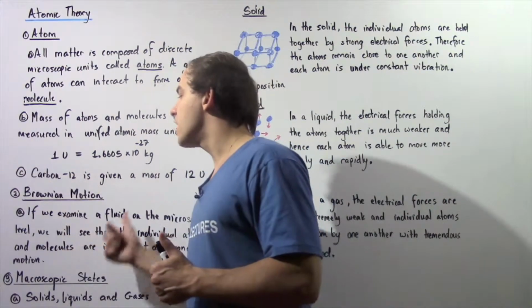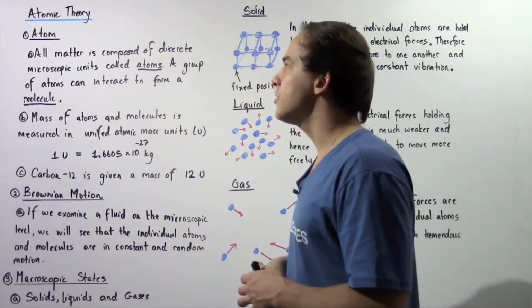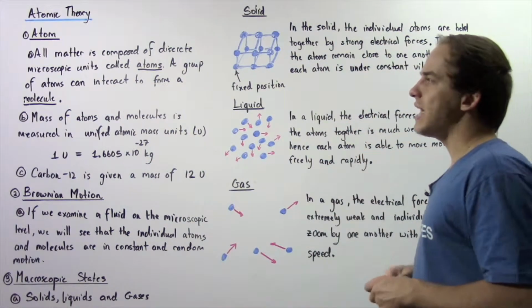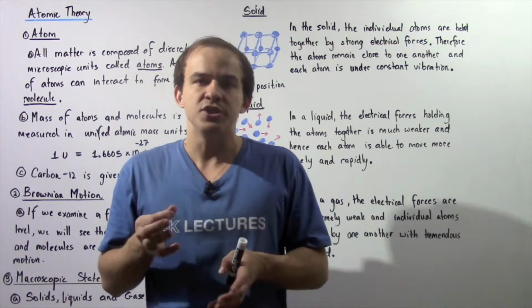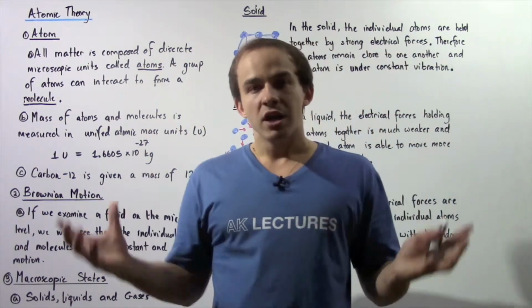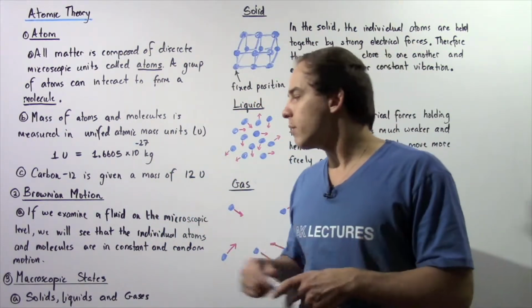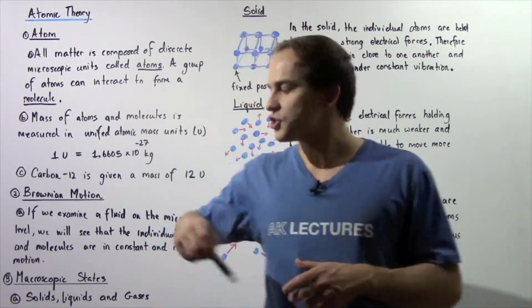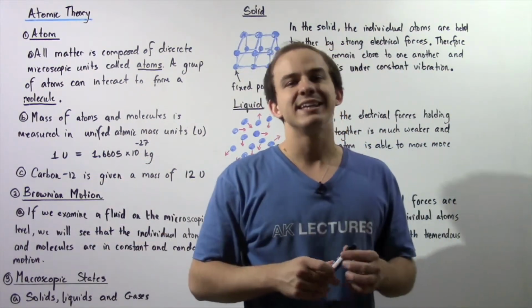And this concept of Brownian motion helps us explain the atomic theory of matter, which essentially states that all matter is composed of these individual discrete particles known as atoms. So atoms collectively interact with one another to form macroscopic objects, which divide into three types: solids, liquids, and gases.